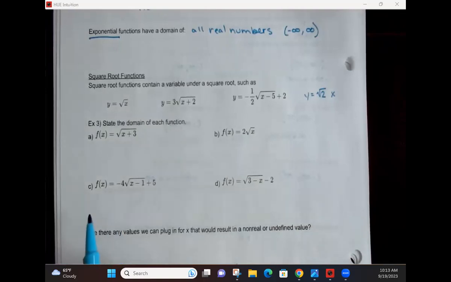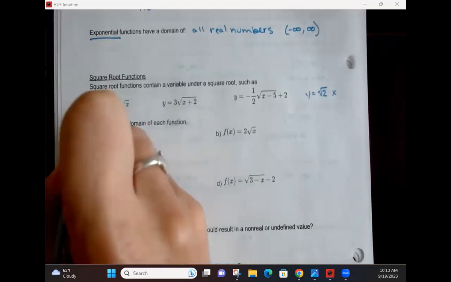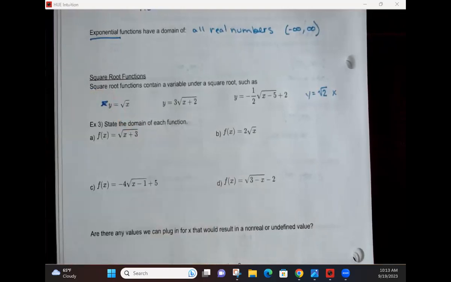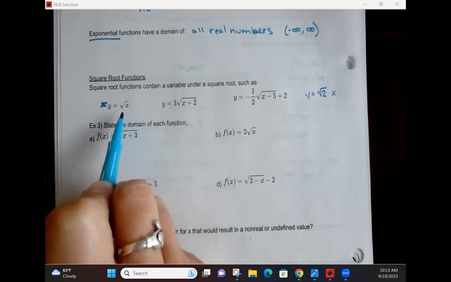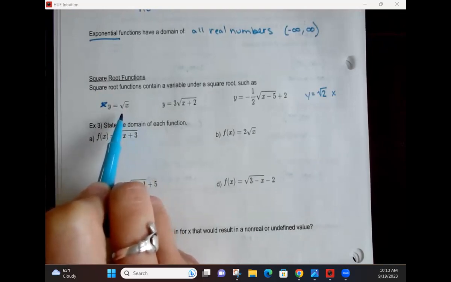So let's take a look at our parent function right here. Can I plug in positive numbers for x? Positives are good. Can I plug in negative numbers for x? No. Could I plug in 0? Yes, we can take the square root of 0. 0 is okay. Could I plug in a fraction or a rational number as long as it's positive? Yes.